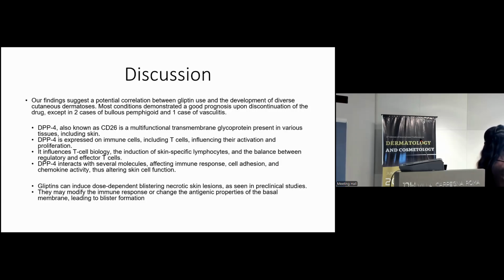These interact with several molecules affecting immune response, cell adhesion, and chemokine activity, thus altering skin cell function. Gliptins can induce dose-dependent blistering necrotic skin lesions as seen in preclinical studies. They may modify the immune response or change the antigenic properties of the basement membrane, leading to blister formation. This is one of the questionable pathogeneses behind these side effects.